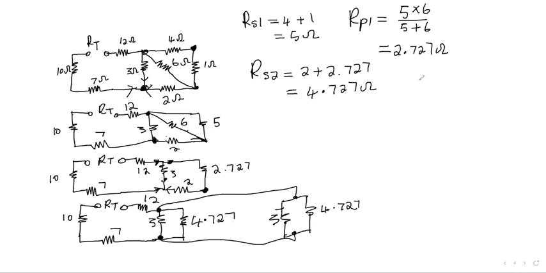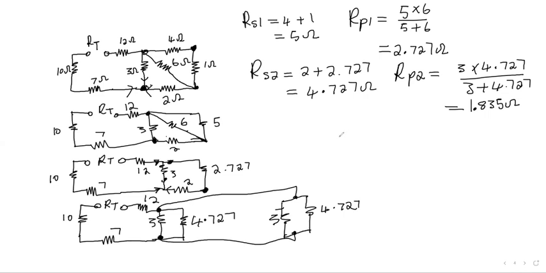So now what is RP2? My RP2 is going to be 3 multiplied by 4.727, divided by 3 plus 4.727. So I got 1.835 ohm.